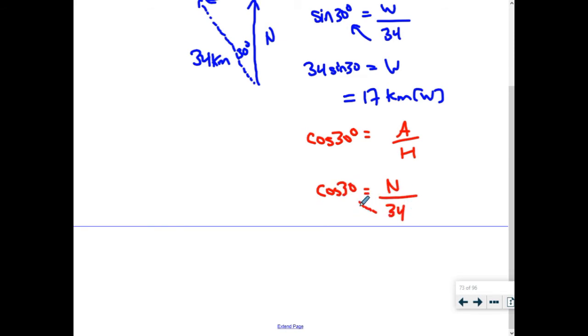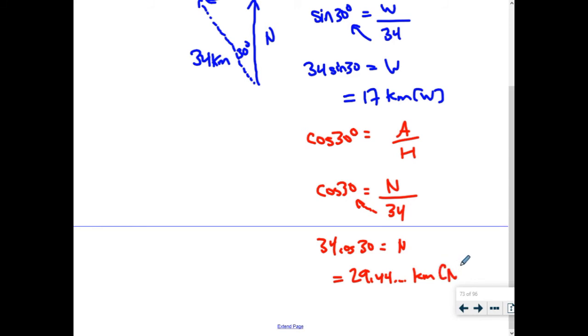So if you times the 34 up and do 34 cos 30, that will tell us what our north component was. So 34 cos 30 should give us 29.4 or so repeating. I'll write it like this. It was 29.44, etc. And that would be how many kilometers was traveled to the north.